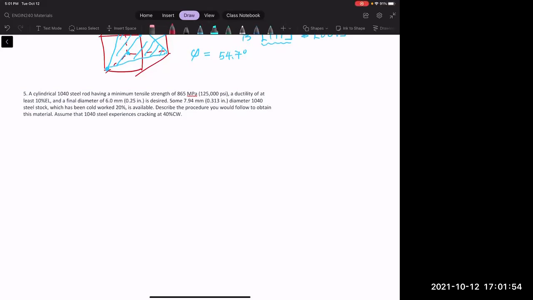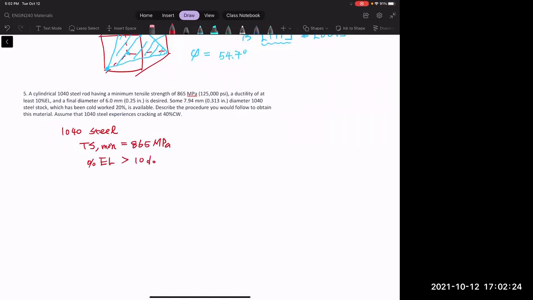So let's write down this information. It's 1040 steel, and the tensile strength, the minimum, is equal to 865 megapascal. The ductility is at least 10%, so the percentage of EL has to be greater than 10%.